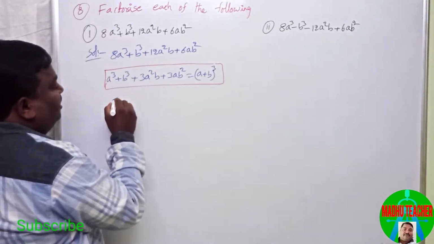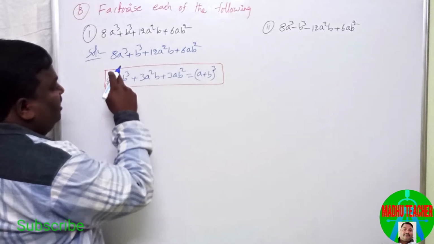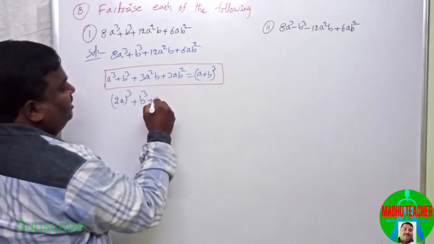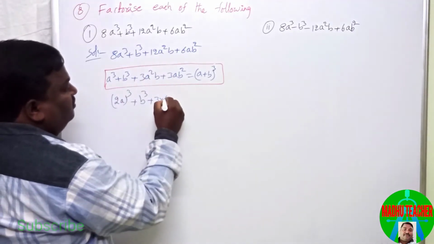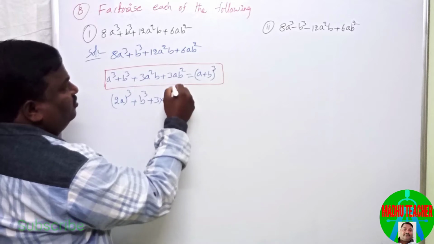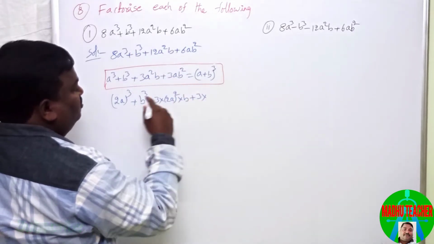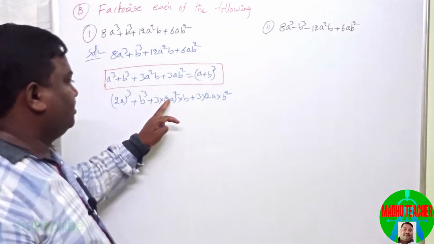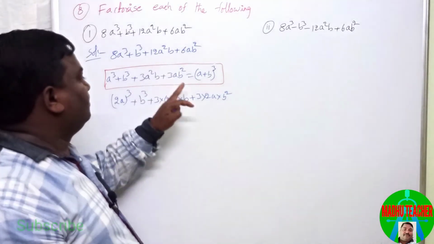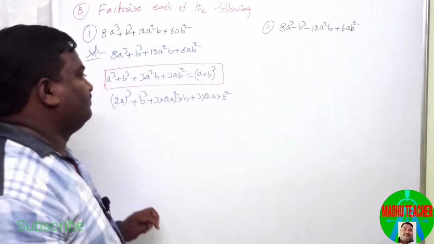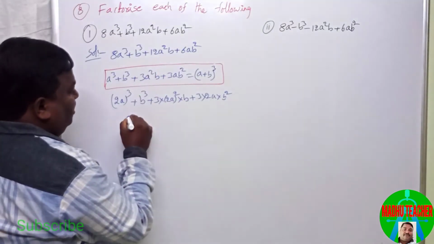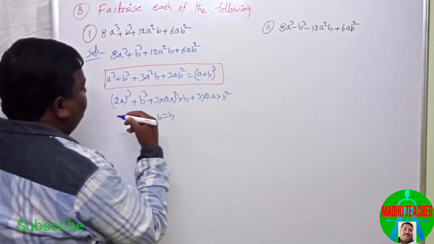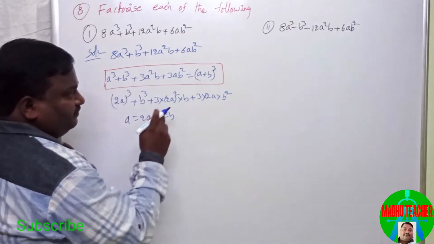First of all, you have to change into formula form. So this you can write as 2a whole cube, 2 cube is 8 and a cube, so b cube itself. This you can write as 3 into first one, 2a whole square into b, plus 3 into 2a into b square. 2 square is 4, 4 3s are 12 a square b, and 3 2s are 6 ab square. So by comparing these two, we have a equal to 2a and b equal to b; in place of b we have only b, but in place of a we have 2a.